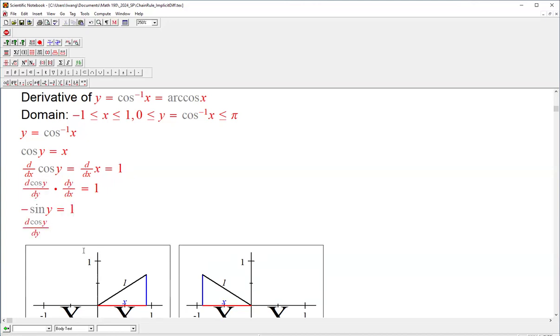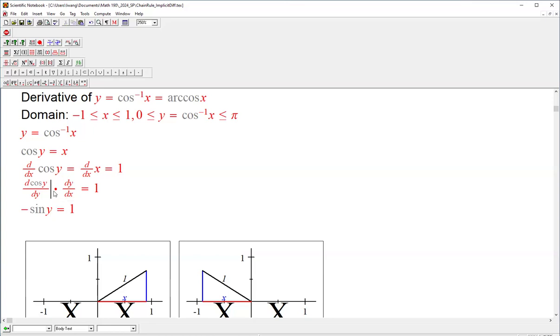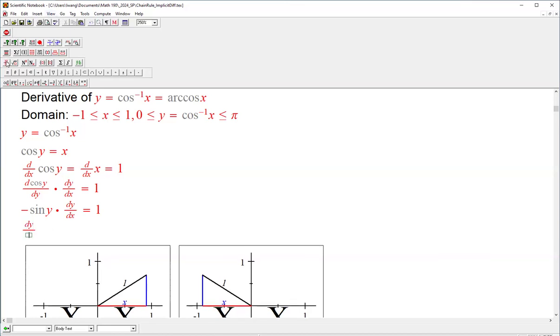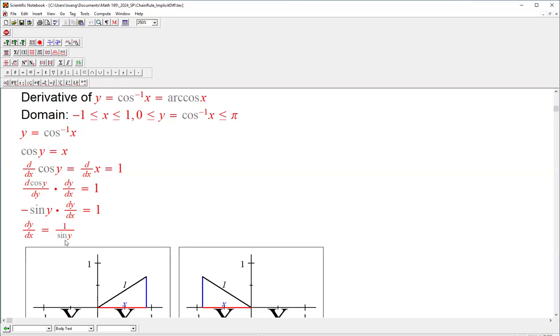Solve for dy dx. Hold on, sorry. To solve for dy dx, we get dy dx equals 1 over sine of y, and just a negative sign in front of it.